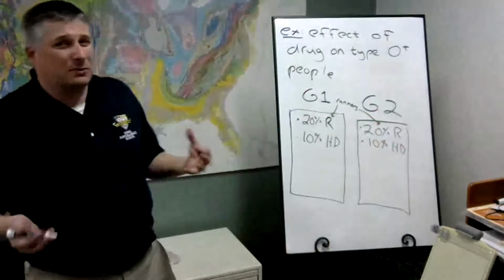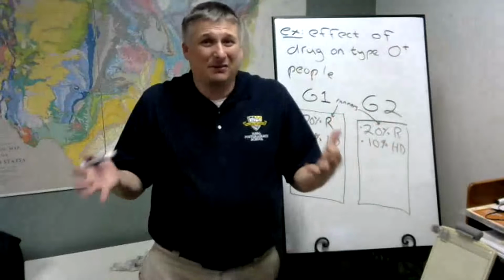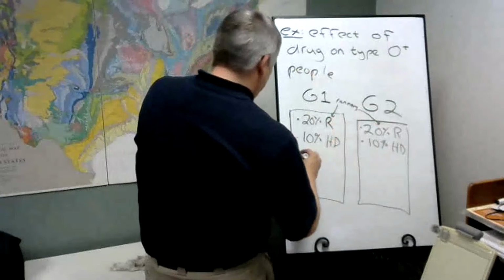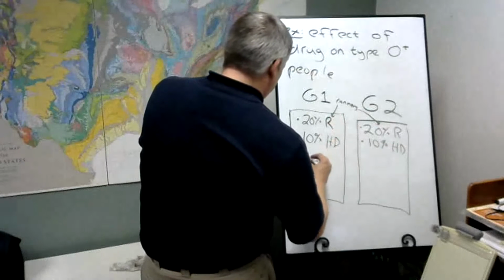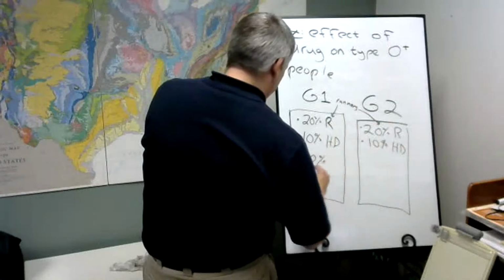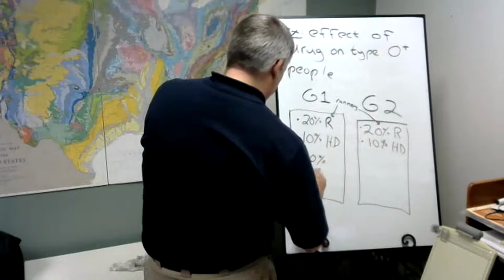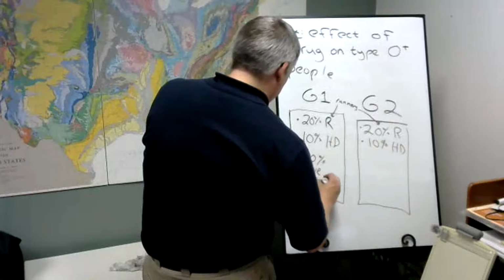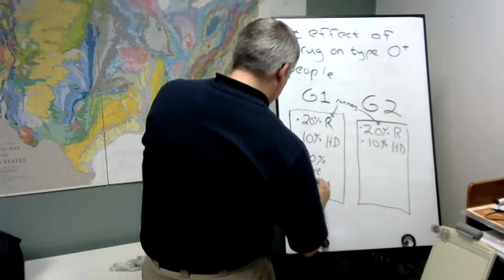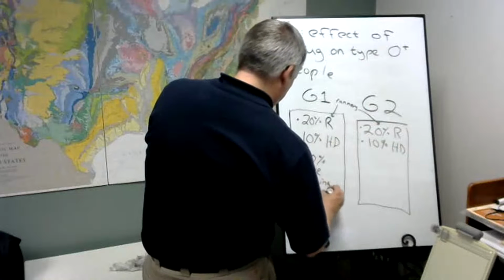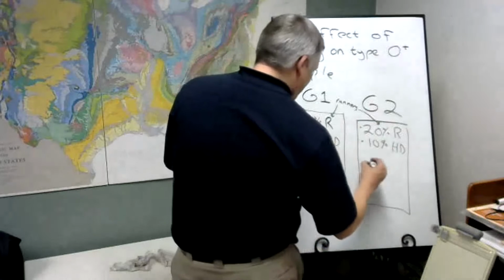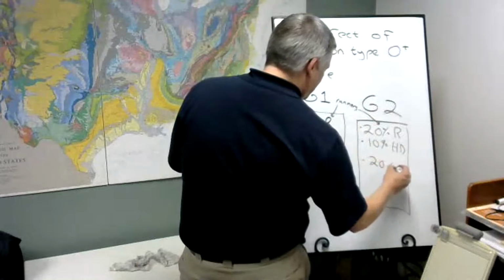But then there could be some lurking variable that, again, we can't see it. And there could be, say, 70% over here, and only 20% over here.